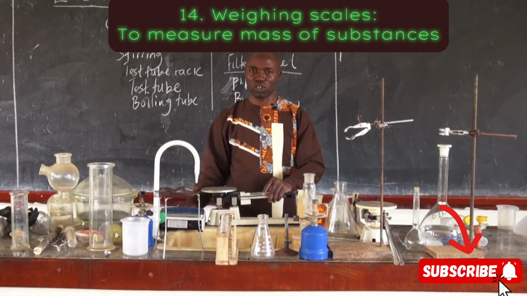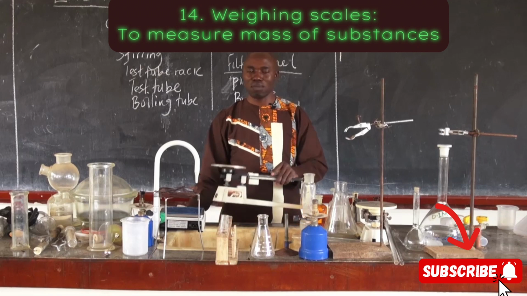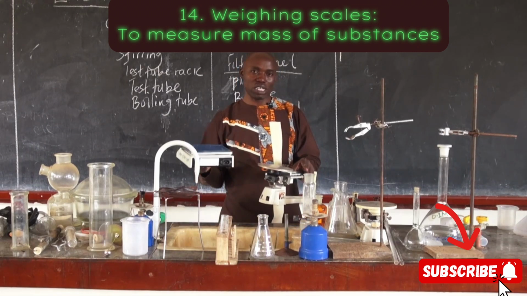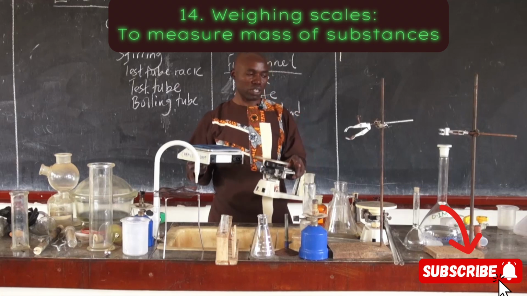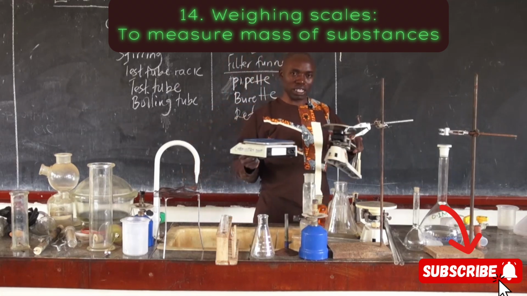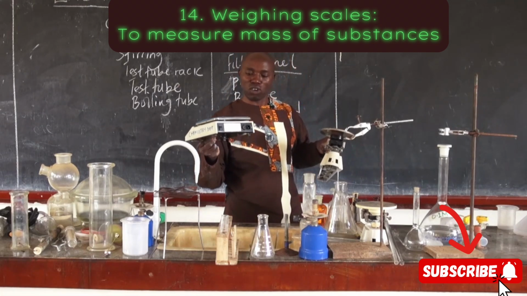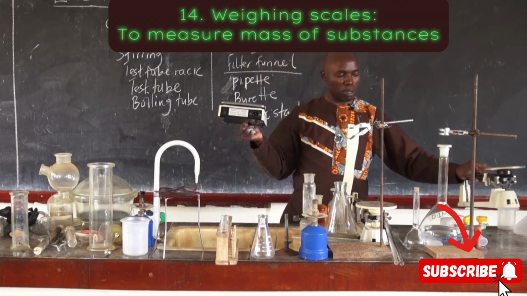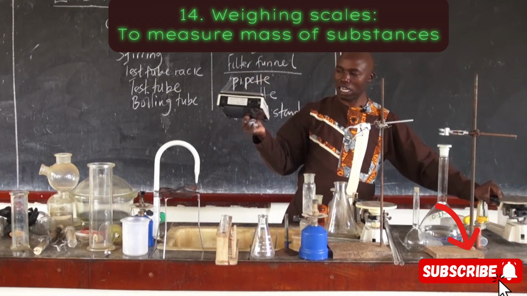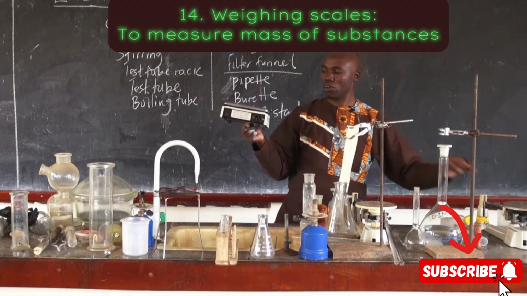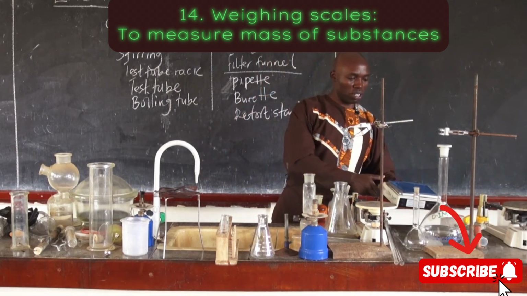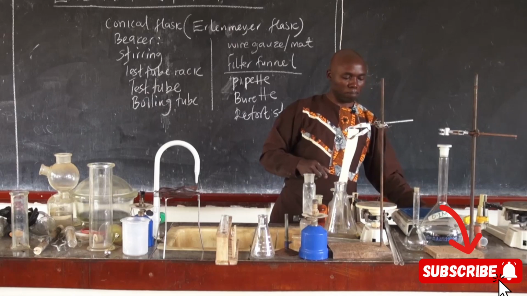Then I also have what we call an electronic weighing scale, but both are weighing scales, and they can be used in different ways, and they have different degrees of accuracy, but they are both used for weighing. We can discuss later how to use the triple beam balance on my left here, and the electronic weighing scale on my right this way. But both are used for the purpose of weighing.